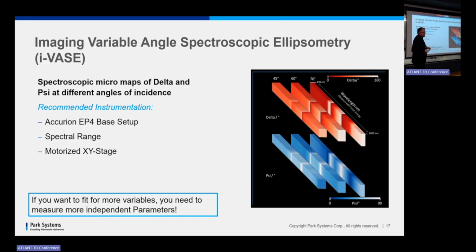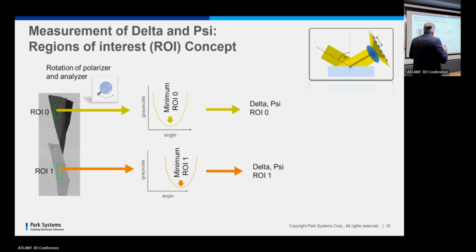And I should mention that we have a new method to do the measurement that increases speed dramatically, so that we really get these types of measurements in minutes and not something like an hour or hours. And that, of course, is quite helpful.